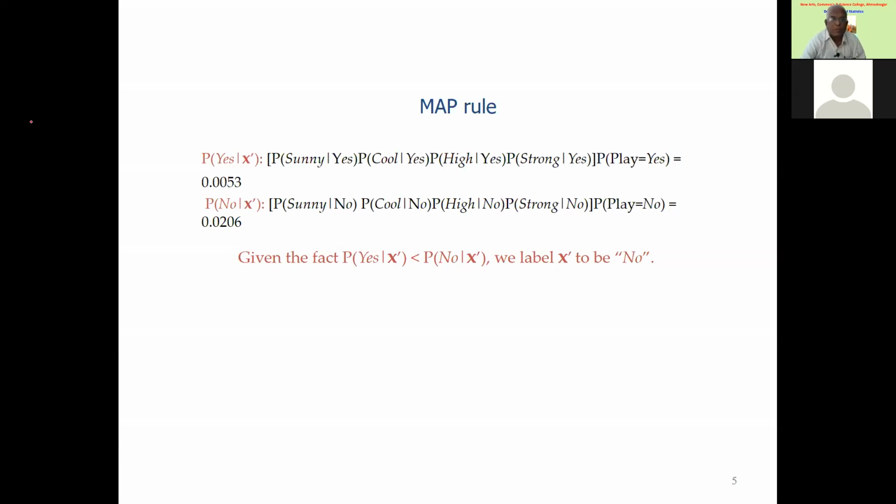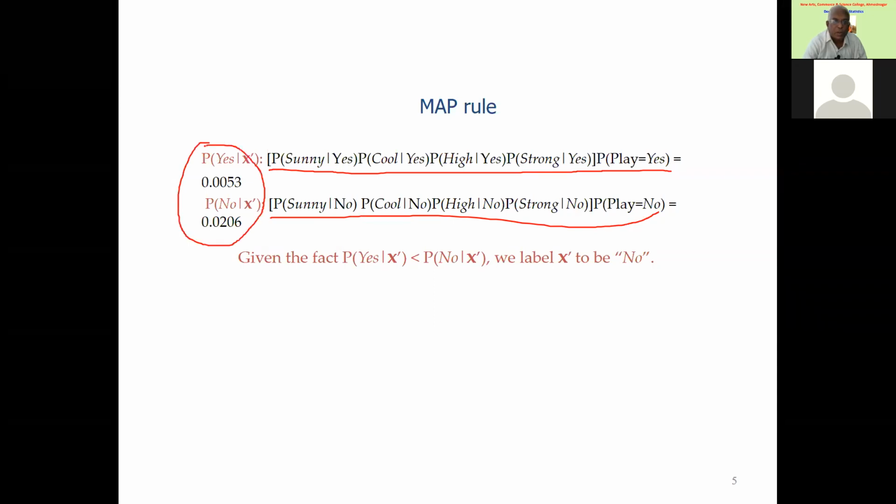So if you see this, everywhere here we have used the prior information. And based on this prior information, we have come up with these two figures. Otherwise, if you don't use this information, then we have a very simple way: treat these two outcomes as equally likely and say 50-50 chance.